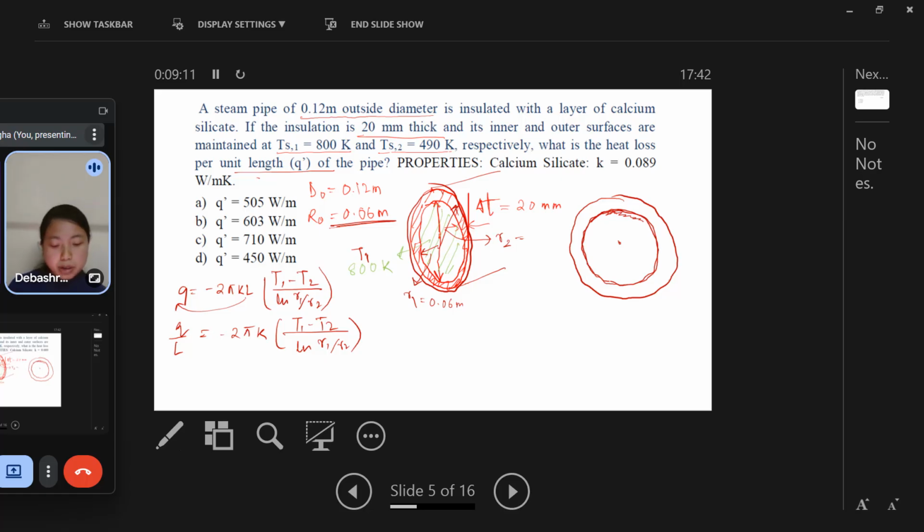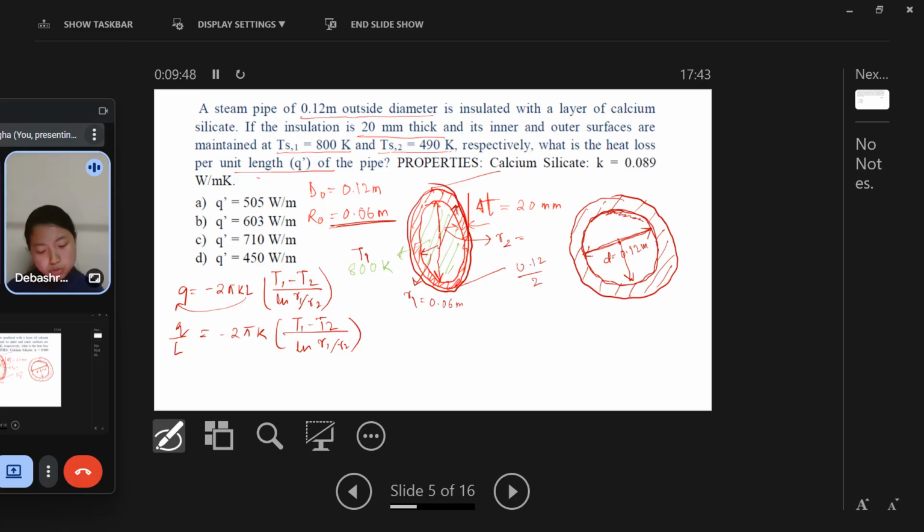If this is the outside diameter of the pipe, then it is insulated with a layer of calcium silicate. This one is calcium silicate. What is given is the outside diameter is 0.12 meter, that is, this whole one is a diameter. So what will be the radius of this? If the diameter is 0.12, the radius will be 0.06.